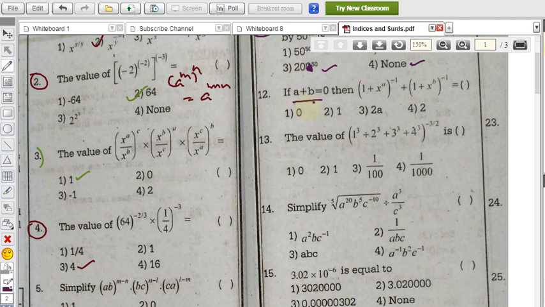Let us see this. a plus b is equal to 0. Then 1 plus x power a whole to the power minus 1 plus 1 plus x power b whole to the power minus 1 is dash. a plus b is equal to 0, so we need at least one of the values. So I am taking b is equal to minus a.